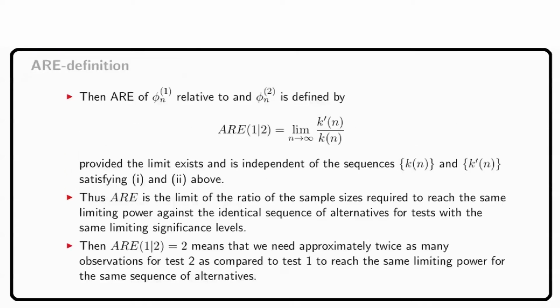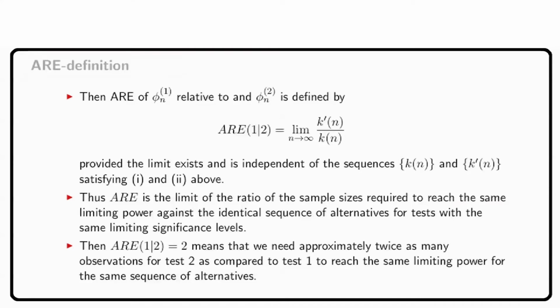Then the ARE of phi n1 relative to phi n2 is defined by ARE of 1 relative to 2 equal to the limit as n tends to infinity of k prime n divided by kn, provided the limit exists and is independent of the sequences kn and k prime n satisfying the requirement given above.